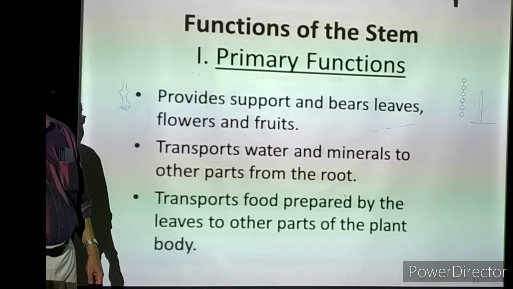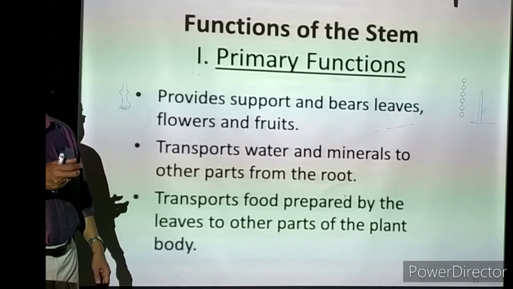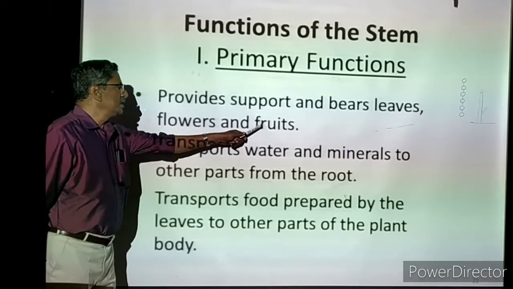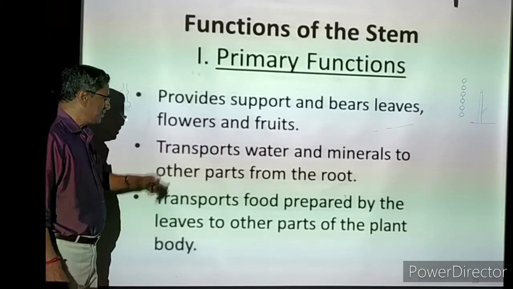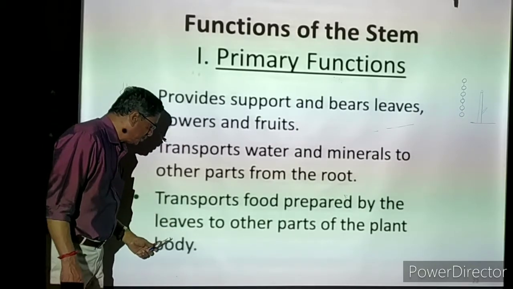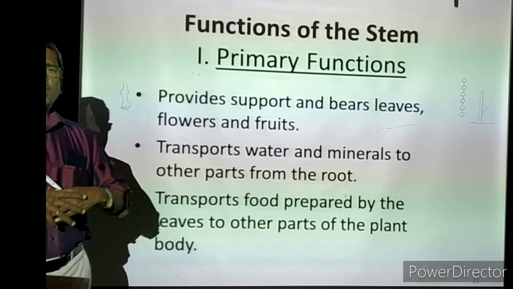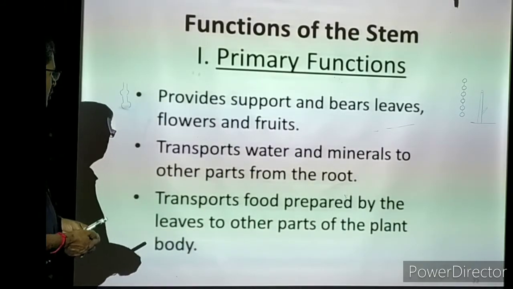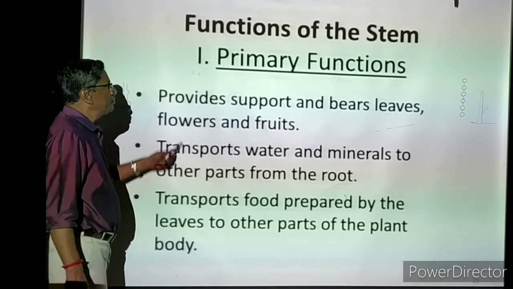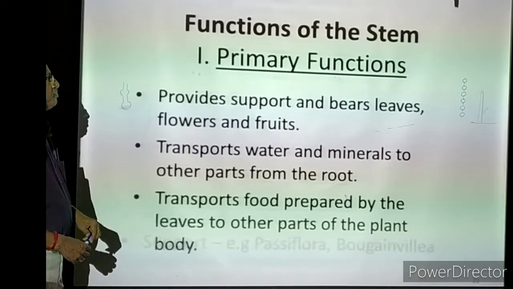Suppose the leaf is sending the food to the stem. The stem is transporting the food to the fruit, to the flowers, to the root system. Like that, from the leaves, all parts are getting food material through the stem. Now these are all the primary functions of the stem.